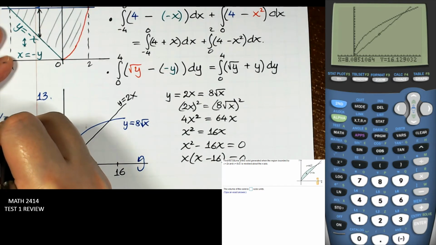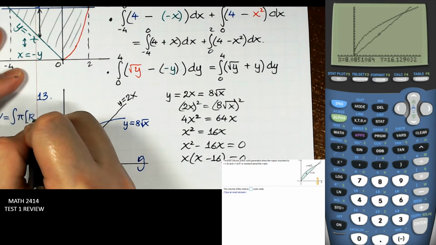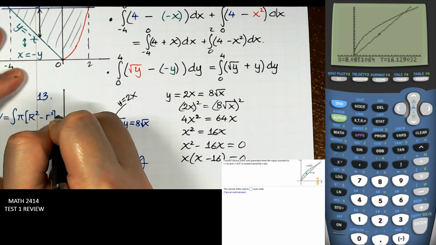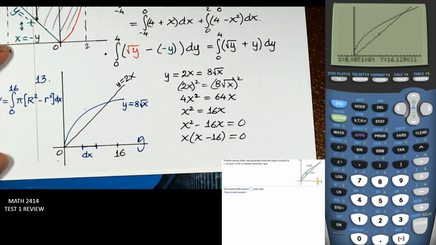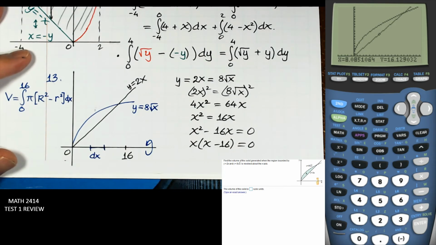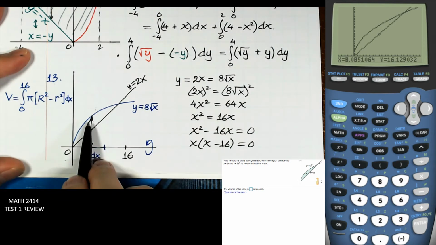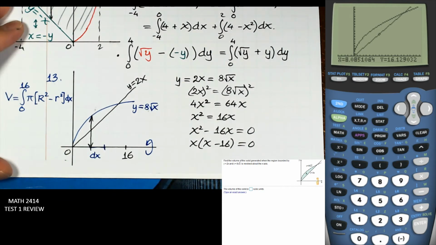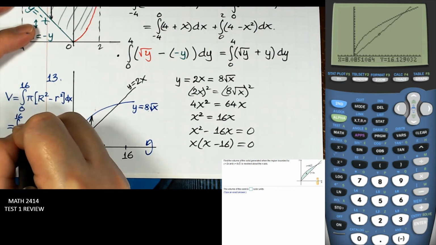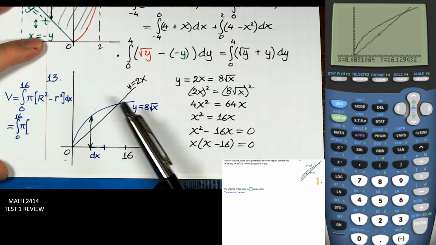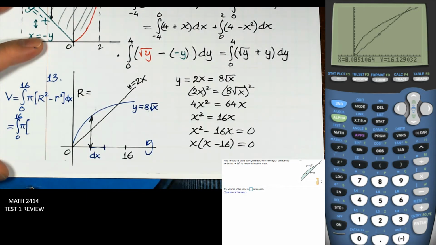So the volume is equal to pi integral of big R squared minus little r squared dx, going from 0 to 16. The big radius goes from the axis of rotation to the edge of the function, a square root of x. So we have 0 to 16, then pi, the big radius, a square root of x.